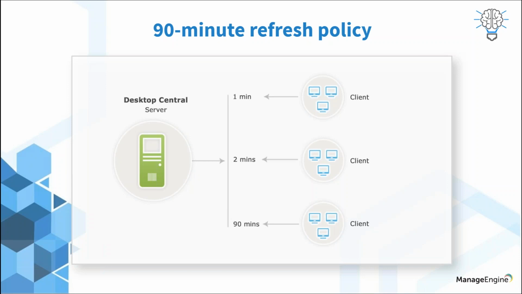Even if you have 90 machines or 900 or even 9,000 machines, the 90 minutes will be divided between them, and each machine will be given a specific time to talk with the server. The server has the intelligence to assign a time for each client to talk to the server. This is to avoid network congestion or bandwidth related issues. So the 90 minutes refresh policy is designed in such a way that the load on the server will be split evenly.